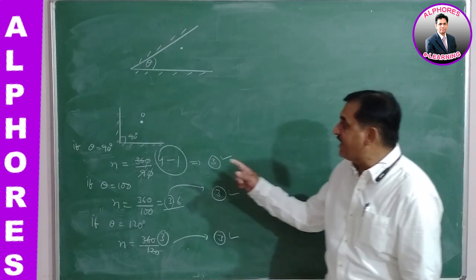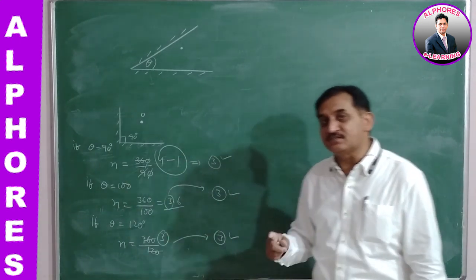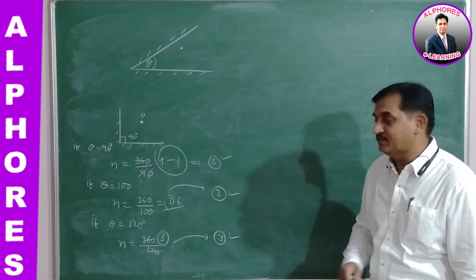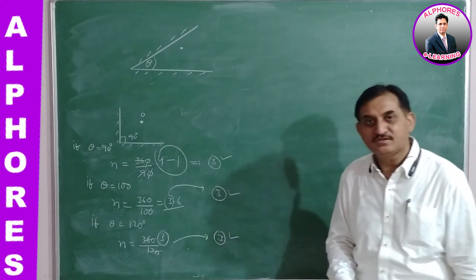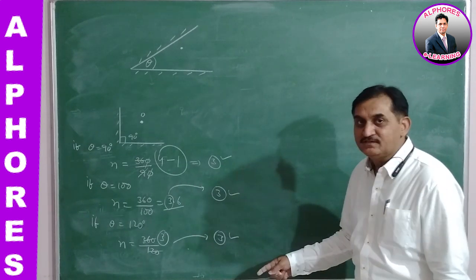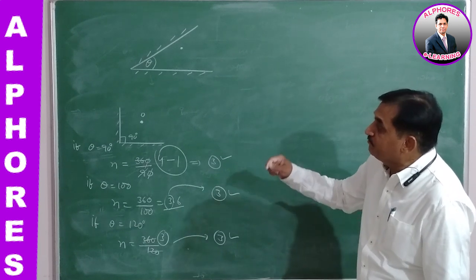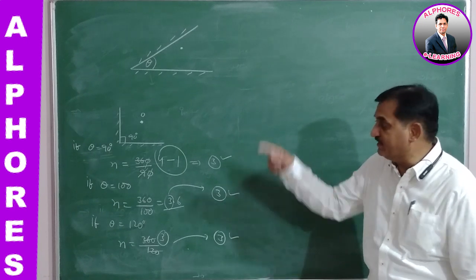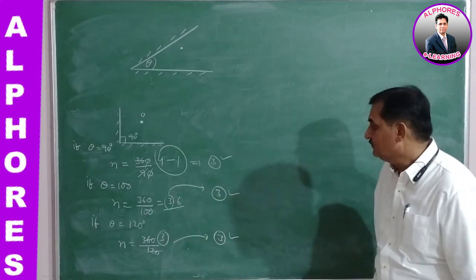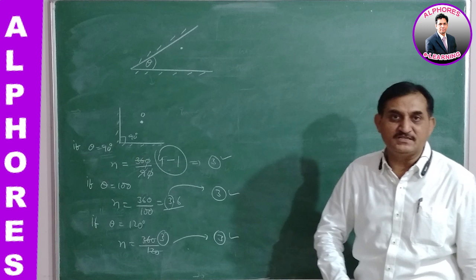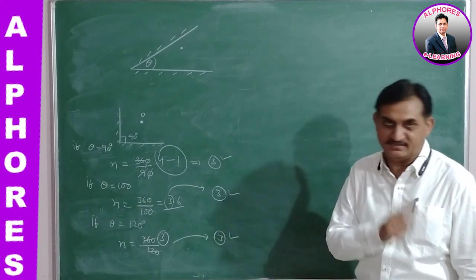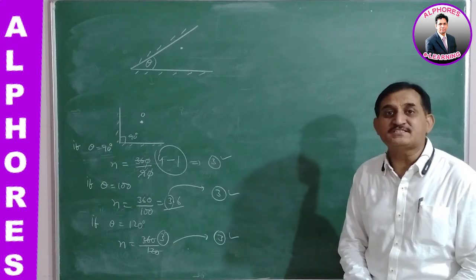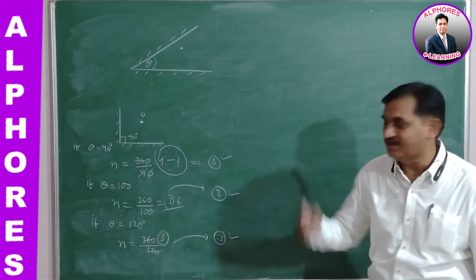This means if the angle between the two plane mirrors is mentioned, for any value in the range 90 to 120, we can decide the number of images will be 3, that is unique. So the converse statement will be wrong.